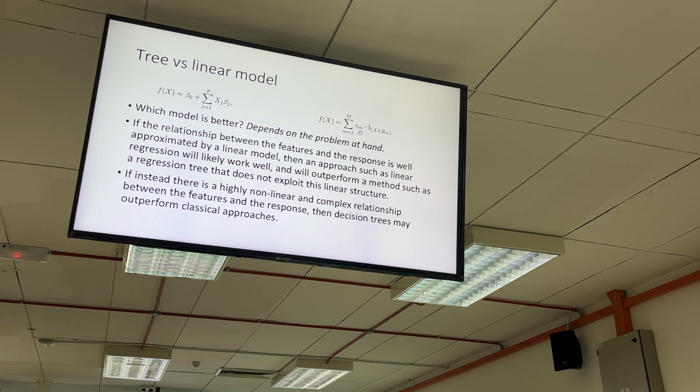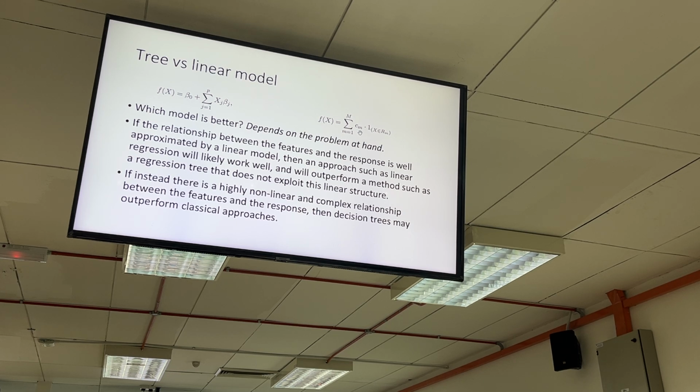Then you compare with the linear regression. If linear regression has the highest accuracy, then definitely you choose that one. Plus linear regression is not only easy to interpret, but also quite simple to understand.